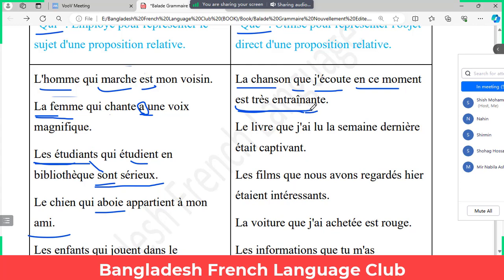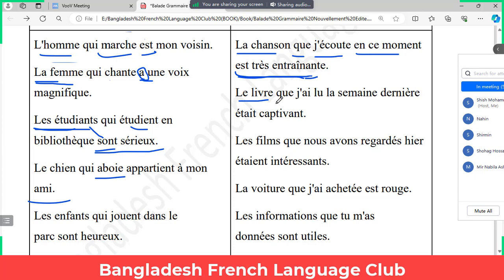Très entraînante, right? Okay. So le livre que j'ai lu la semaine dernière était captivant. The book that I read last week, la semaine dernière, was captivating, right? Captivant.